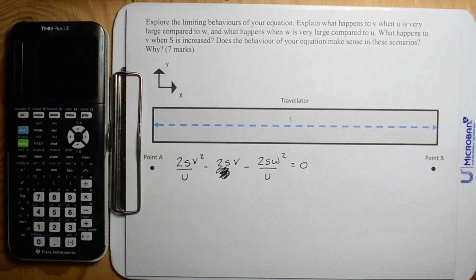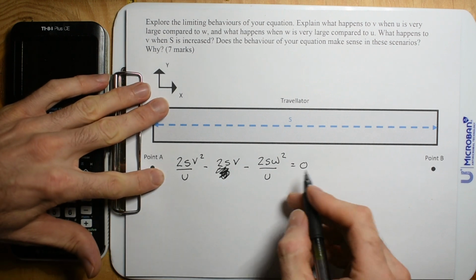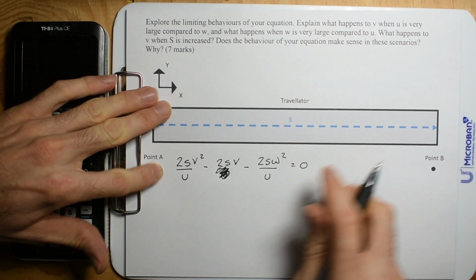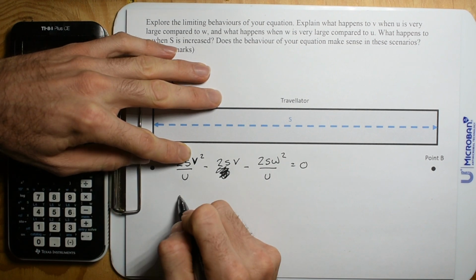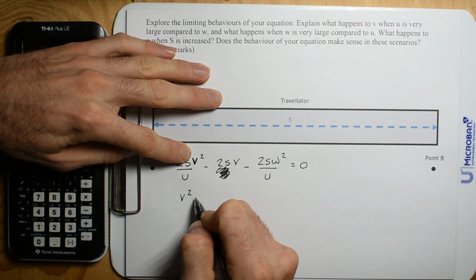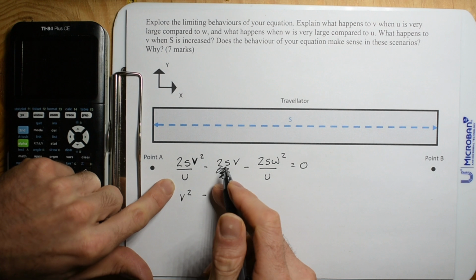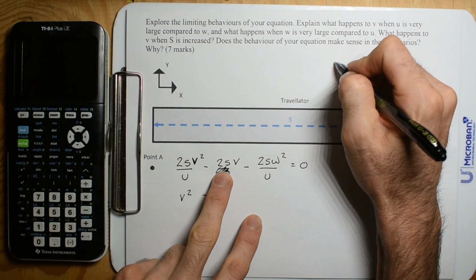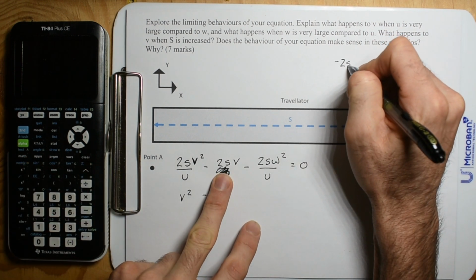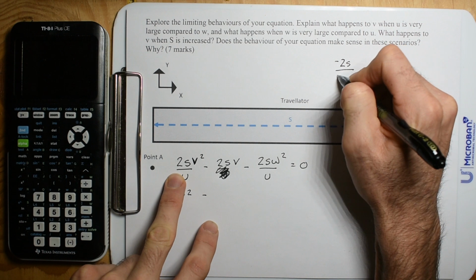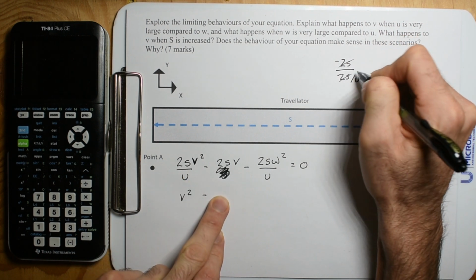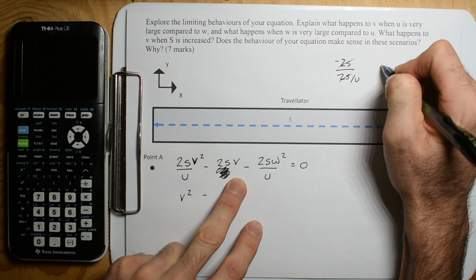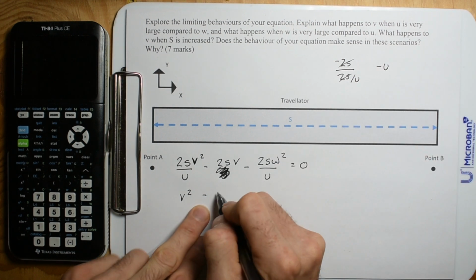I'm going to use that same process of completing the square. I need to isolate this V squared, so let's do that first. So I'm going to have V squared minus, so this is negative 2S, and now I want to divide by 2S divided by U. The 2S's cancel, the U pops upstairs, so this just becomes negative U. That was pretty sweet.